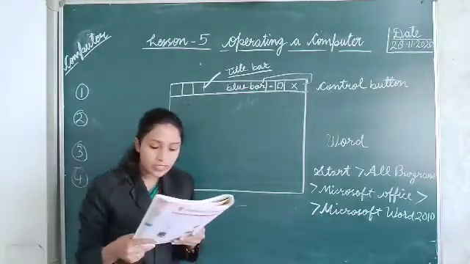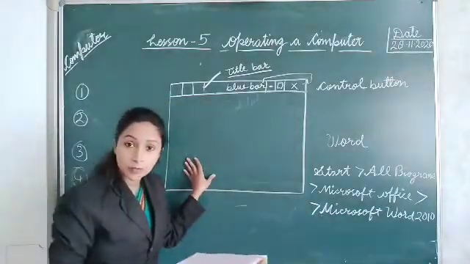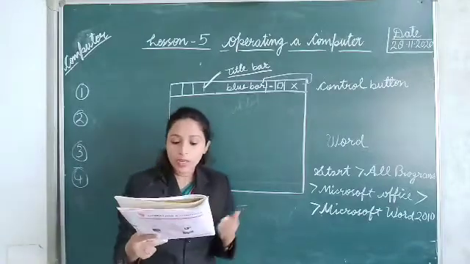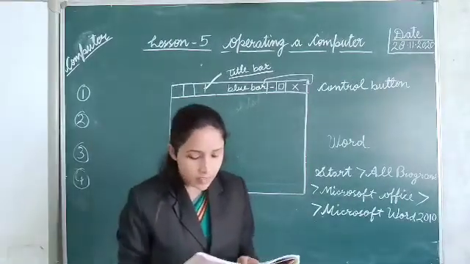Resizing a window, we can change the size of the window. If we want to change the size of the window, how can you do it? Look at the control buttons at the top right.